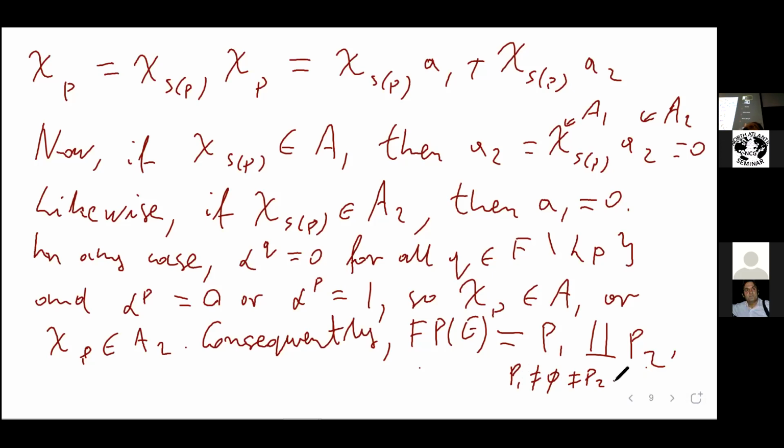But then it means that the whole path algebra, which is a linear span of all chi P's, is equal to the subalgebra. So we have one as 0. It contradicts our assumption. So these sets must be non-empty, both of them. This is exactly as we wanted, the decomposition of all paths into two disjoint non-empty subsets.